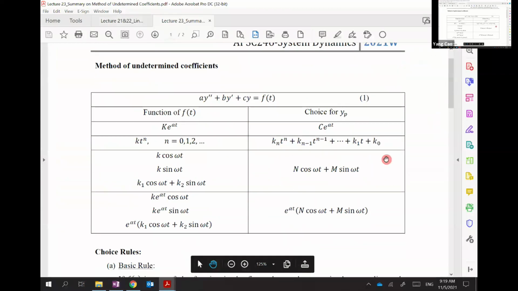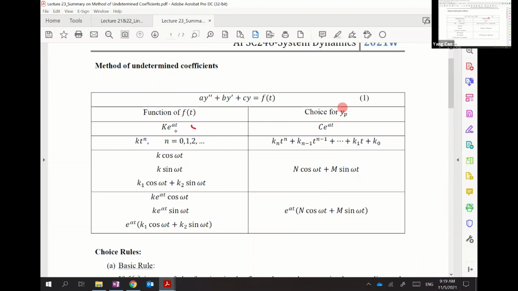So here's your function f of t, what it possibly looks like. Use the table to make an educated guess, instead of a lucky guess, based on the given function f of t.